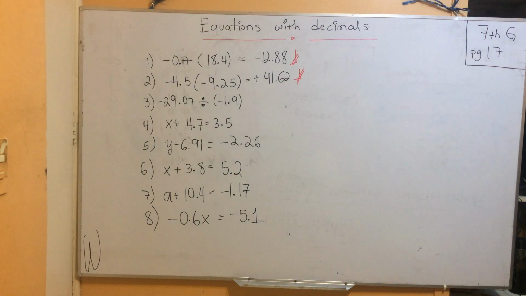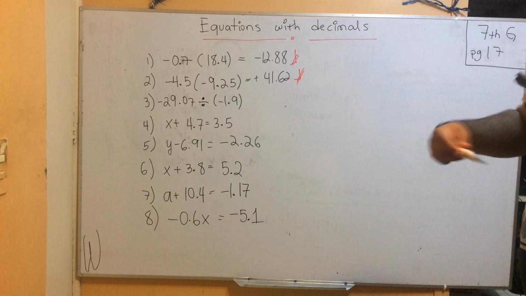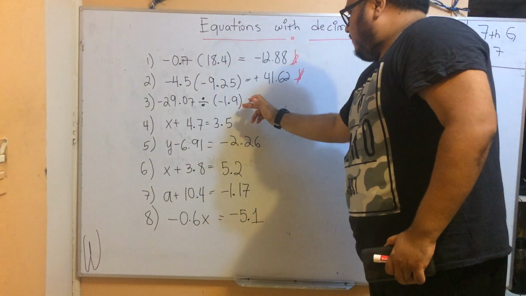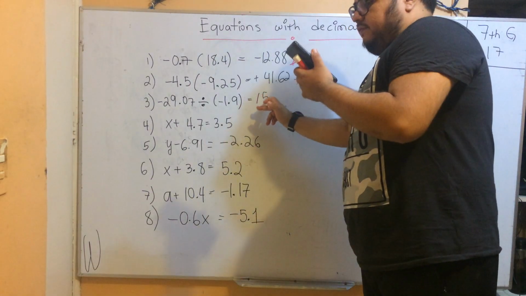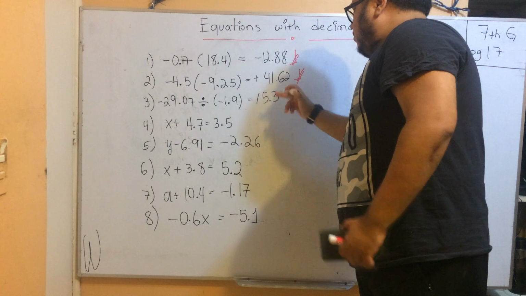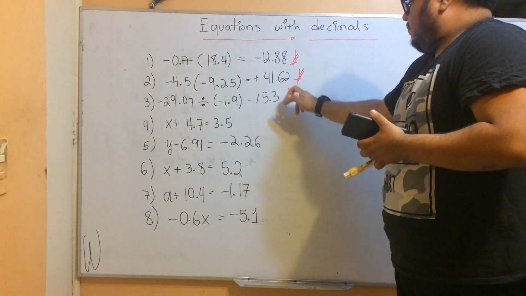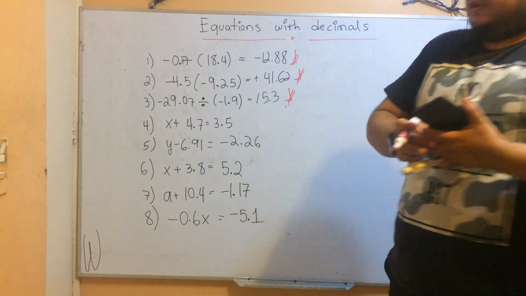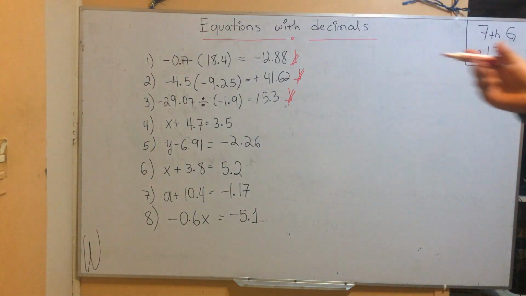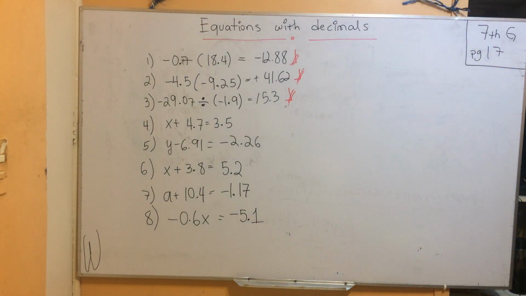So negative 29.07 divided by 1.9, and the answer is going to be positive. We already know that. So we have that it is 15.3, and we know it is positive. This was pretty simple because we did not have to solve for any equation.